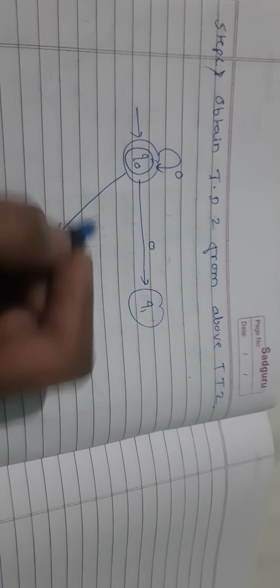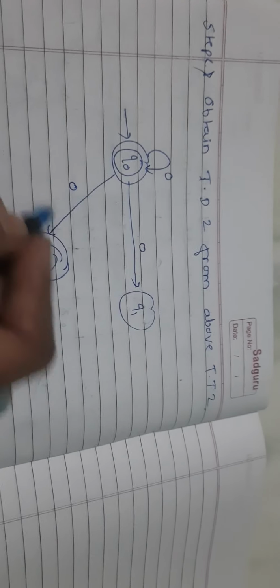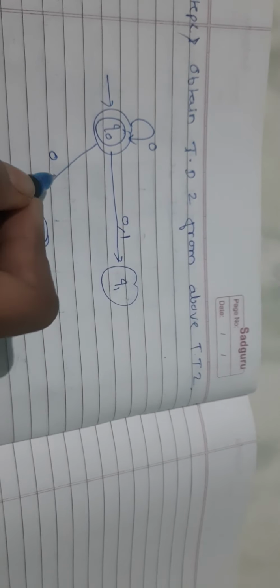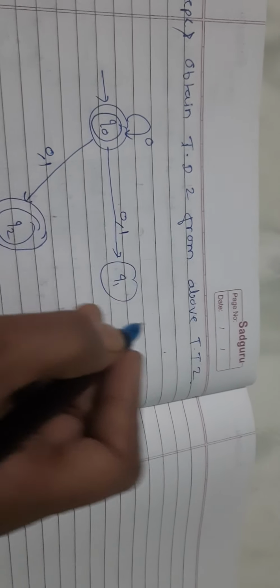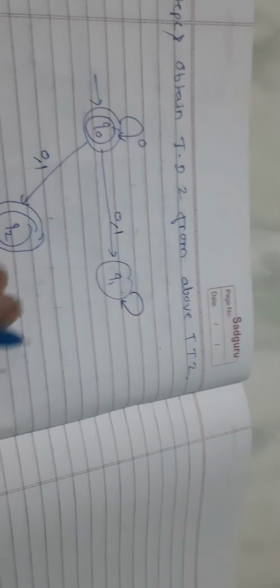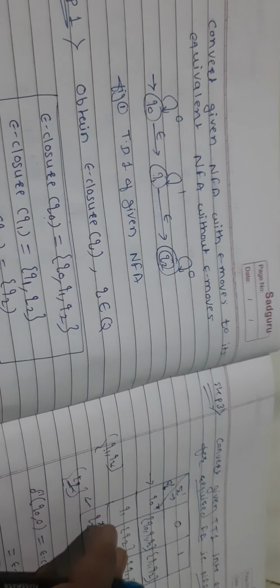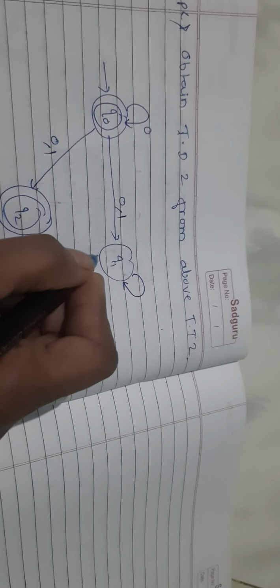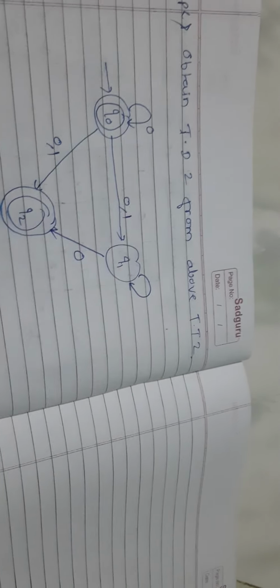Then Q0 to Q0, Q0 to Q1 and Q0 to Q2 on 0. Then Q0 to Q1 and Q0 to Q2 on 1. Then from the Q1 state, Q1 to Q2 on 0.